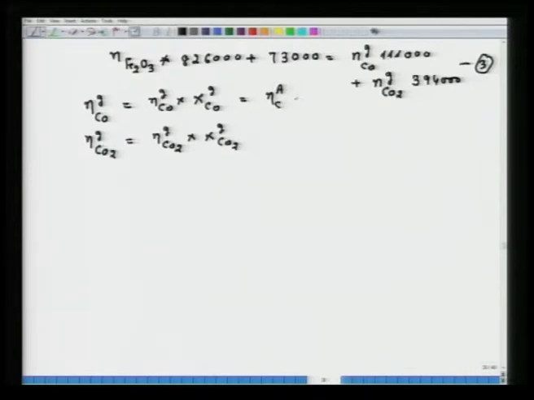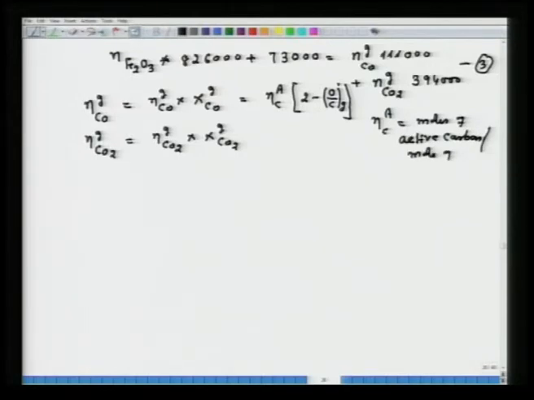NaC is the active carbon, 2 minus O by Cg, where NaC is the moles of active carbon per mole of iron or per kg mole of iron. Similarly, this will be NaC into O by Cg minus 1. O by C is the ratio of atomic oxygen to the moles of carbon.